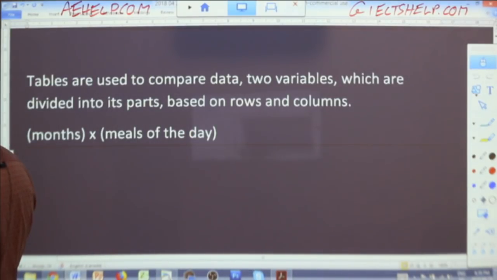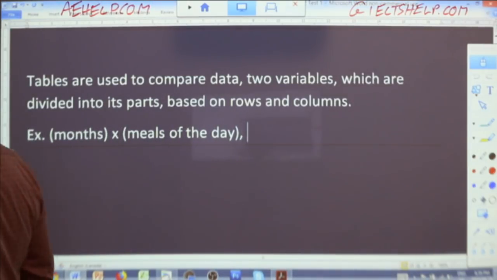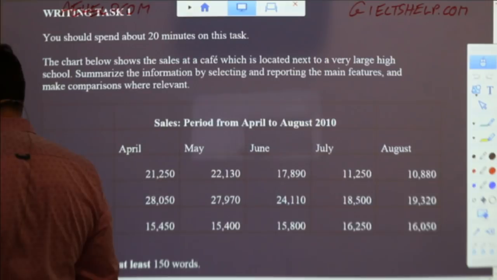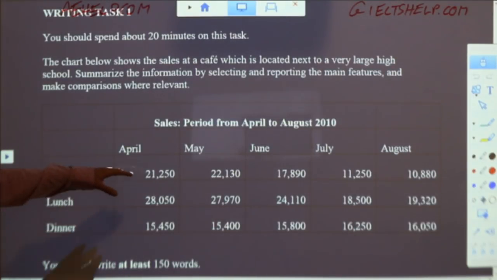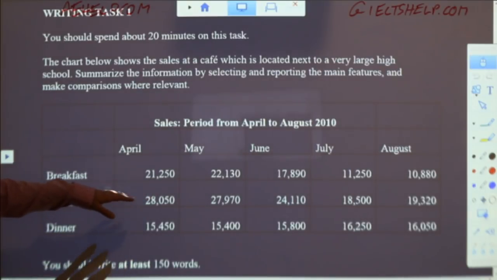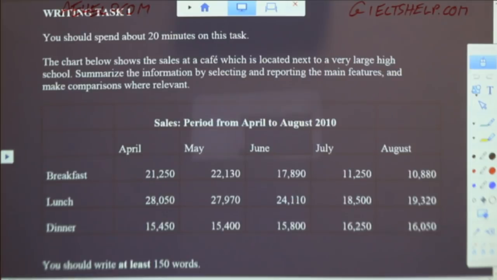Okay, and in our example, what is the actual individual cell showing? Okay, so what are these numbers showing us? Anybody?